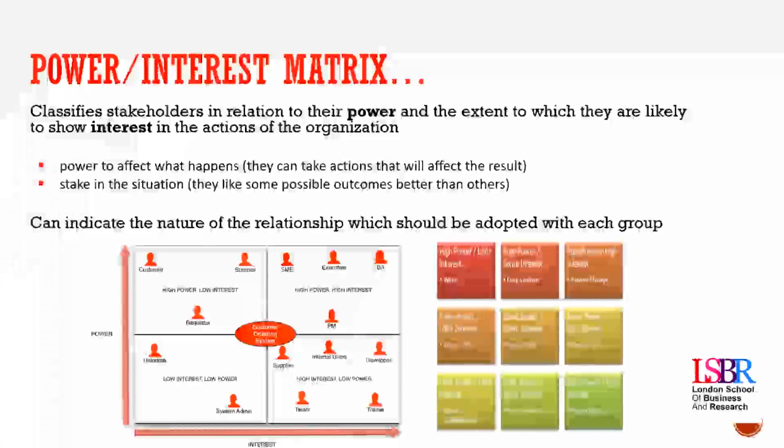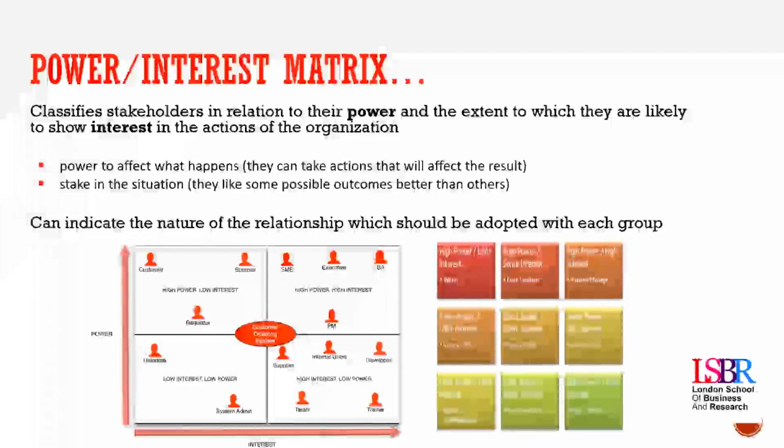Bottom left-hand corner, these are people you just need to generally make sure they're kept in the loop here and there. It's just about giving them general communication. So it's about having little power, little interest. Those people, it's nice to know they're there, and perhaps you want to communicate with them every so often to keep them in the loop, but we're not really doing anything to actively manage them.